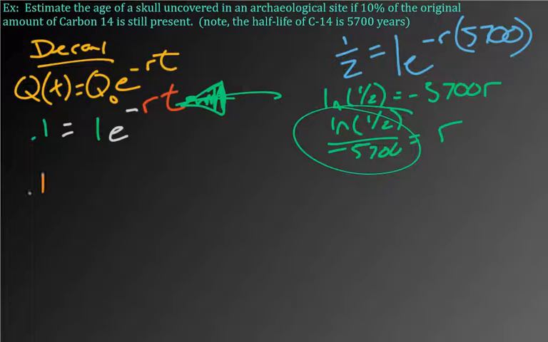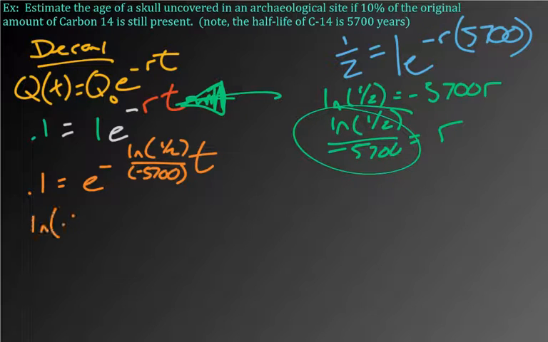So we've got 0.1 equals e to the minus natural log of a half over negative 5700 t, right? And so if you take natural log of both sides to cancel the e, you've got natural log of 0.1 equals minus natural log of a half over negative 5700.